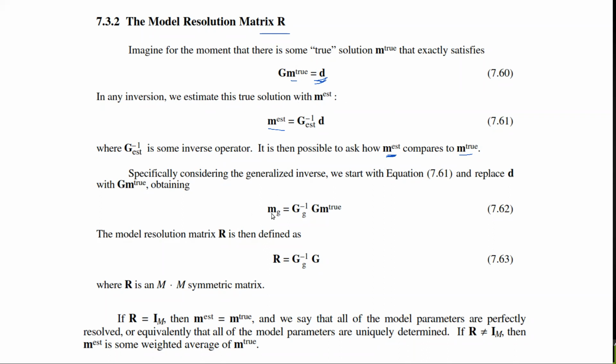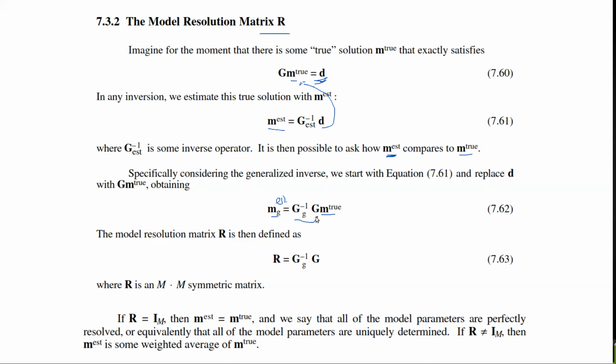To do that, we remember that M estimated is related to G inverse and D, but D is coming from the true model. So if we replace D by G M true, then we get this. This is the estimated, and this is the true model.